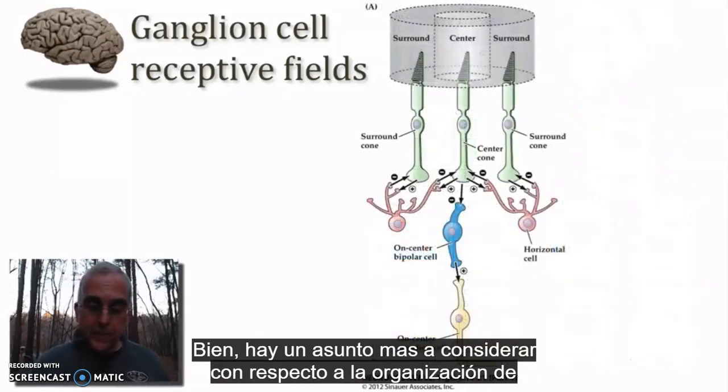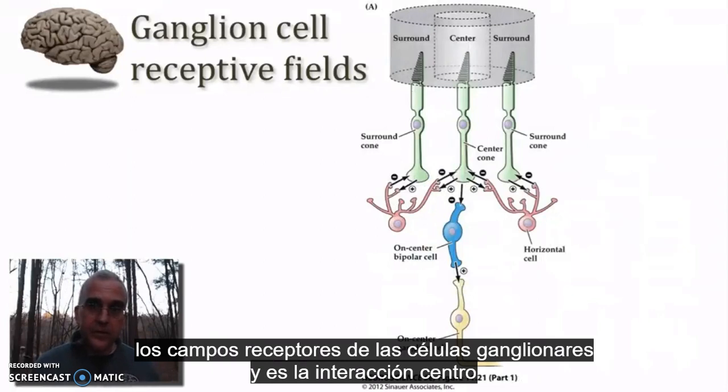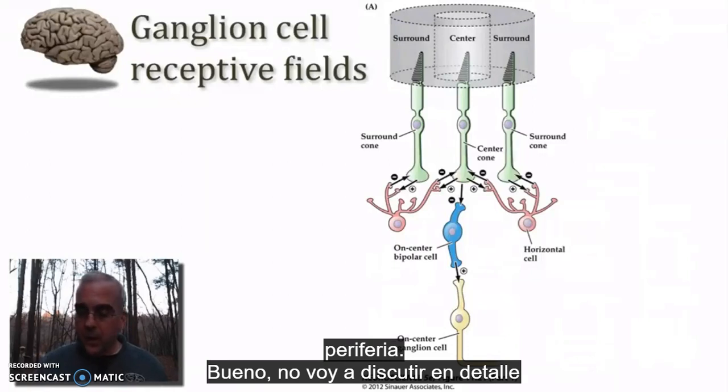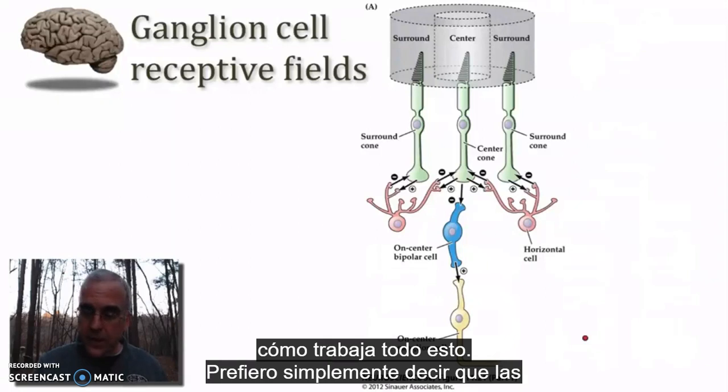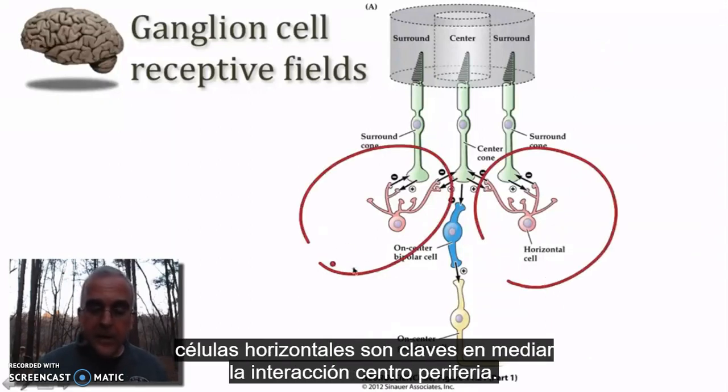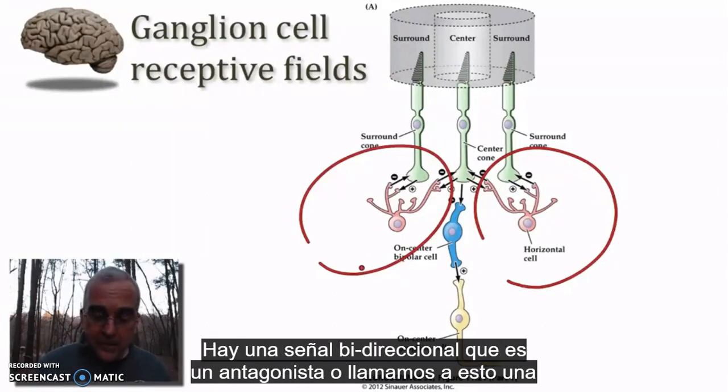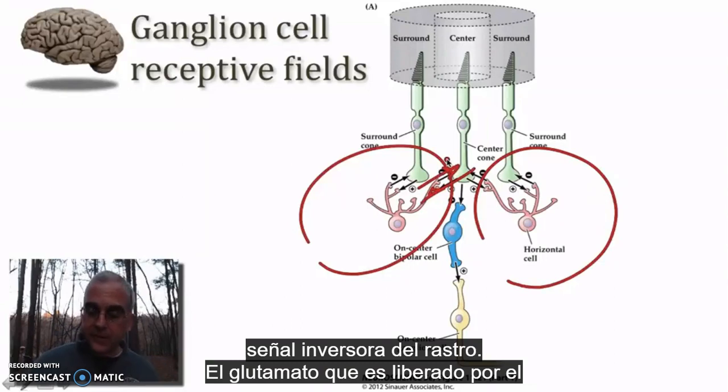Well, there's one more issue to consider here with respect to the organization of the receptive fields of ganglion cells, and that is the center-surround interaction. Well, I'm not going to discuss in detail how all of this works. What I'll rather simply say is that the horizontal cells are key to mediating the center-surround interaction. There is a bidirectional signal that is antagonistic, or we call this a sign-inverting signal.